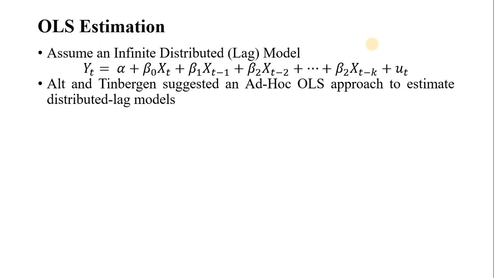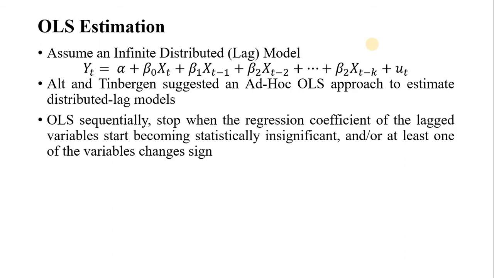What they suggested is to do OLS sequentially, and stop your OLS procedure when the regression coefficient of lagged variables starts becoming statistically insignificant, or at least one of the variables starts changing its sign.